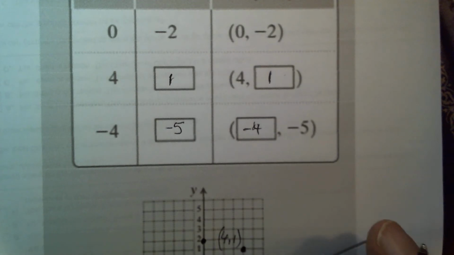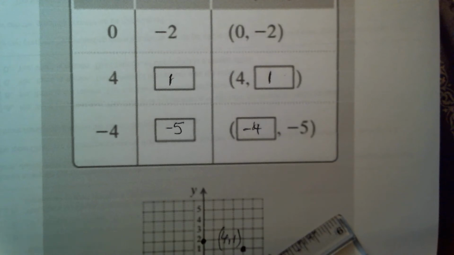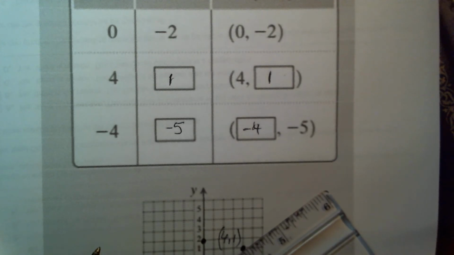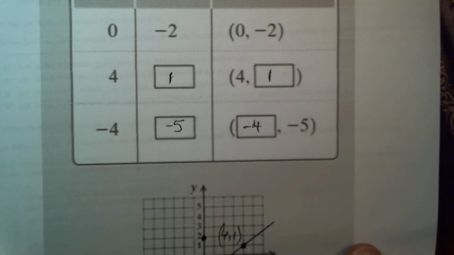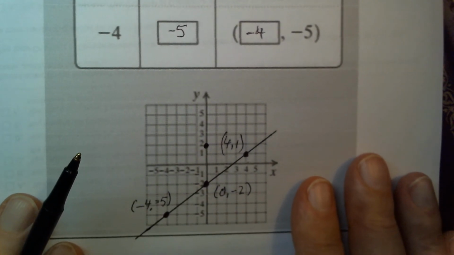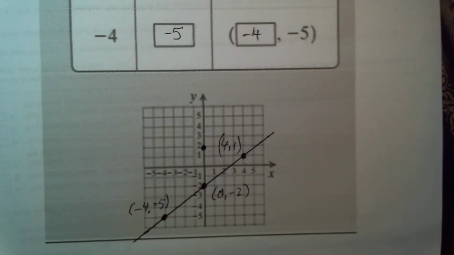And so again, we use a straight edge to draw a line through 3 points here. The point minus 4, minus 5 is here.